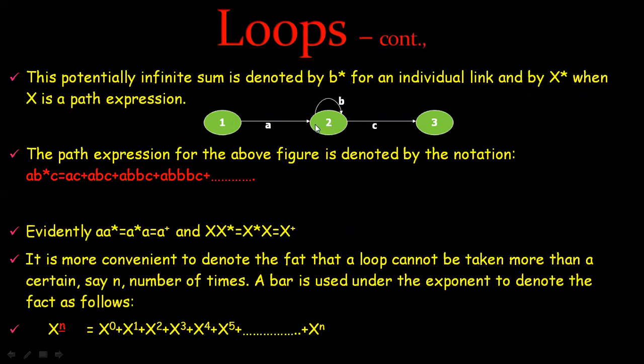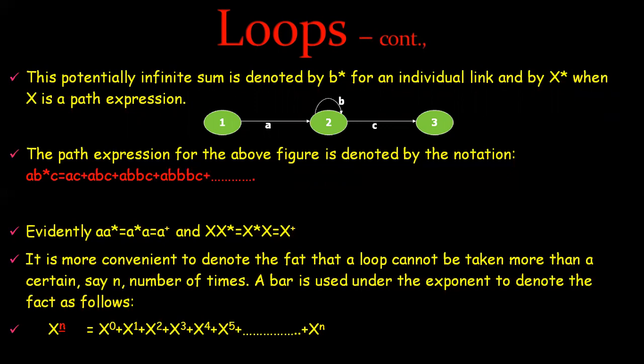Eventually, A into A star or A star into A will be equal to what we call A plus, the plus closure. Star closure has 0 or more occurrences in that particular loop.